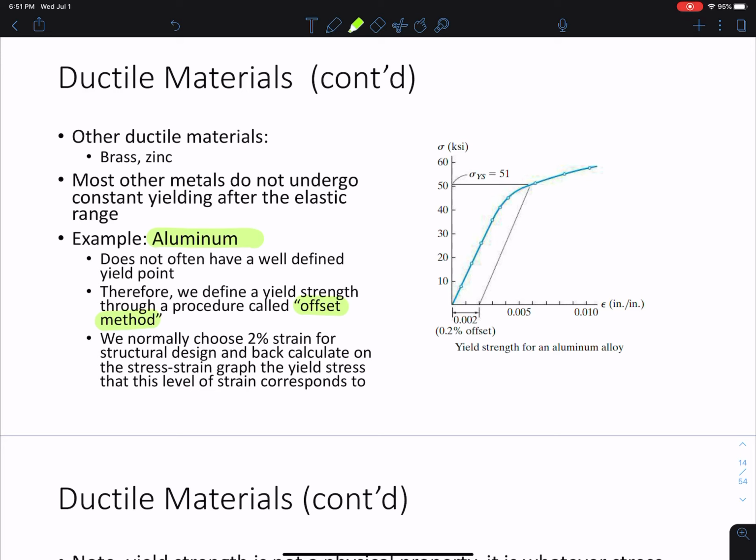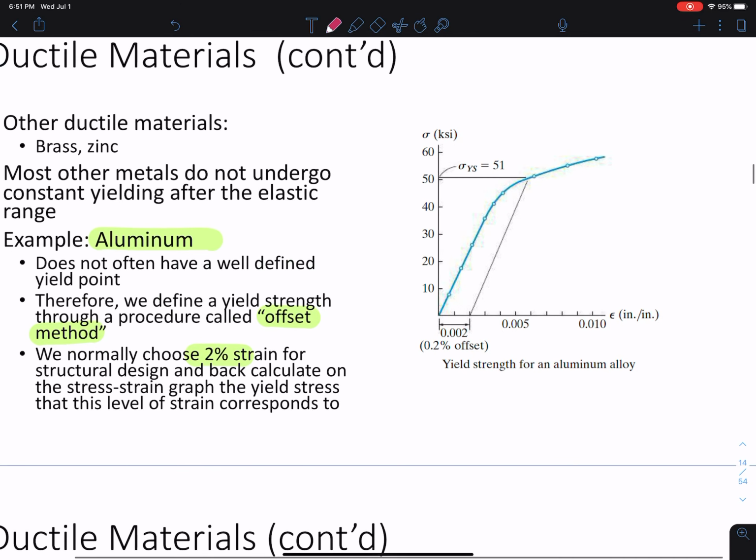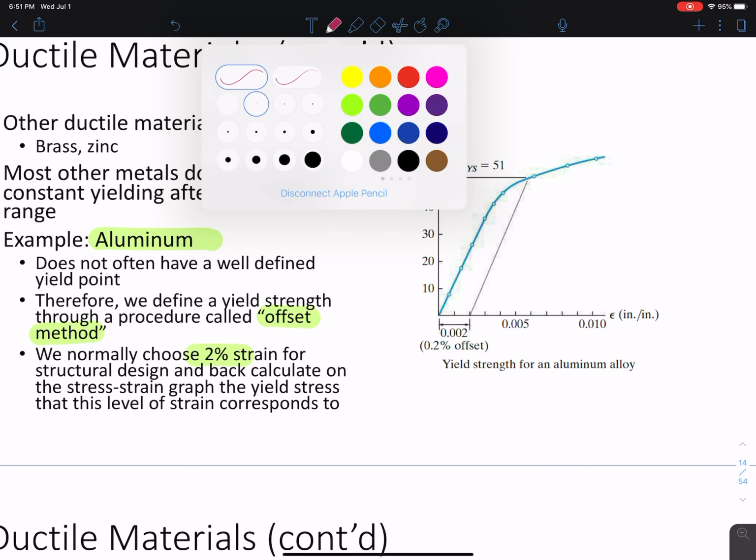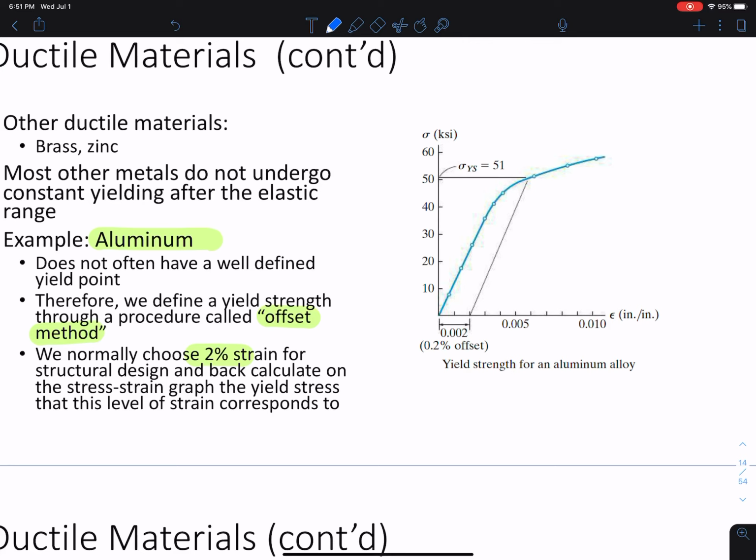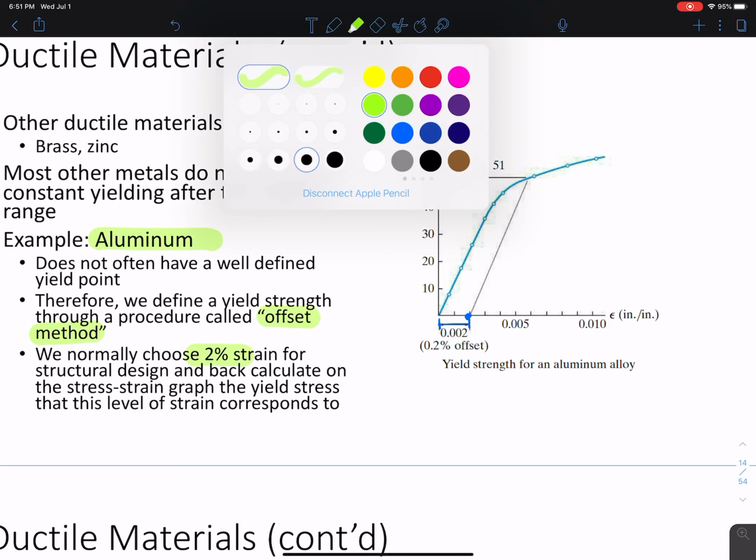And what that is, we typically choose 2% strain, okay? So we come here on this diagram, and we're going to go to the point of 2% strain. So we measure 2%, which is right here, and we draw a line that has the same slope as the initial line.